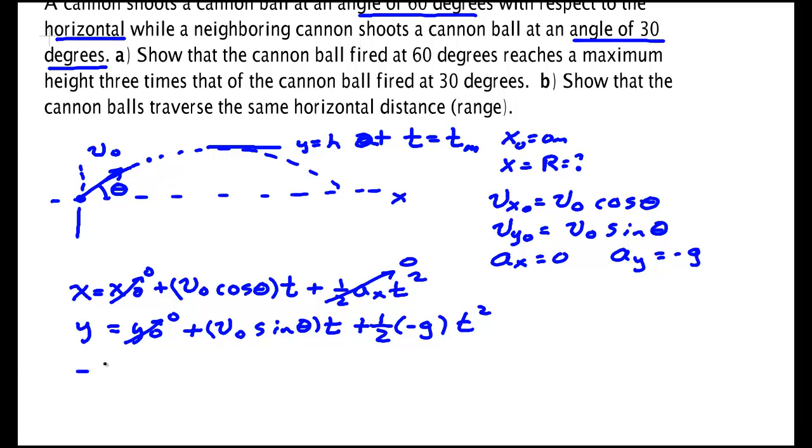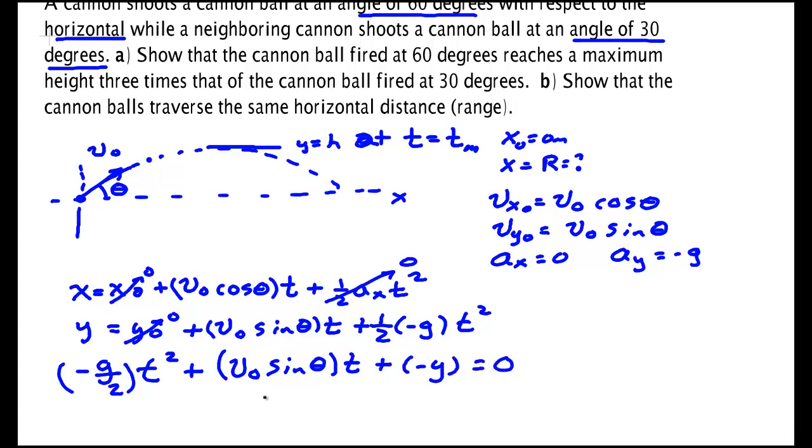I'm going to want to write minus g over 2 t squared plus V0 sine theta times t, and we'll bring that y to the other side, plus minus y is equal to 0. This is defined as the coefficient a, this the coefficient b, and this is the coefficient c.